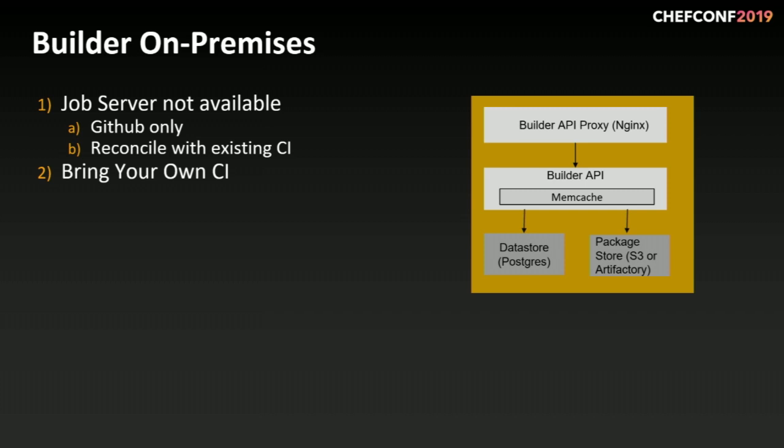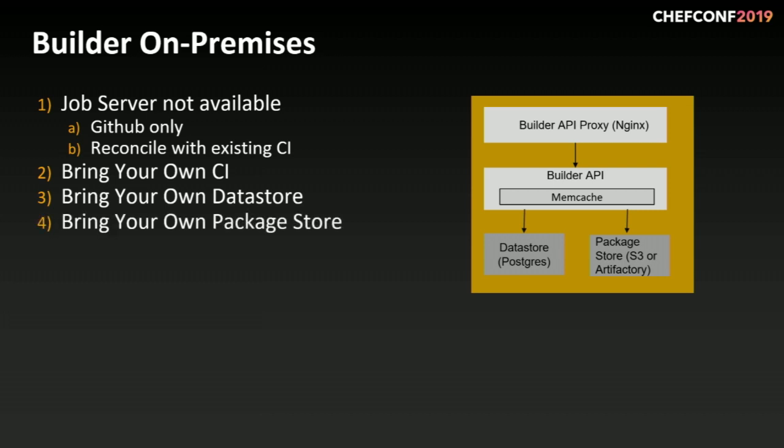And so here's the thinking, but again, this is something that we're also wanting to get more feedback on from you, right? I just wanted to outline what our current thinking is here for on-prem. So you bring your own CI, you can even bring your own data store. Some people are running their own Postgres instances, and so you don't have to deploy our instance. You can bring your own package store as well.